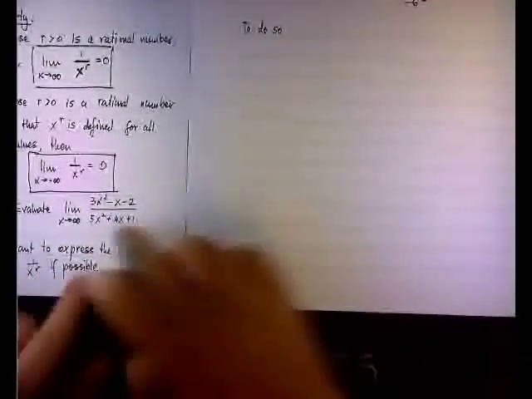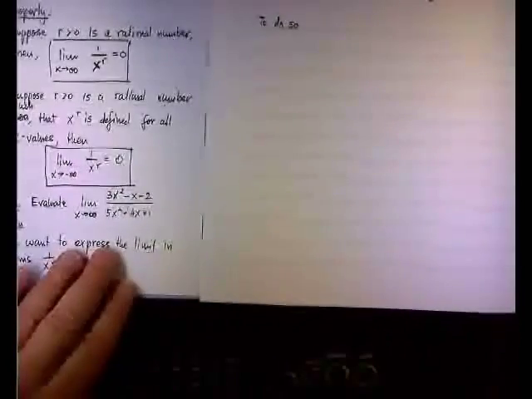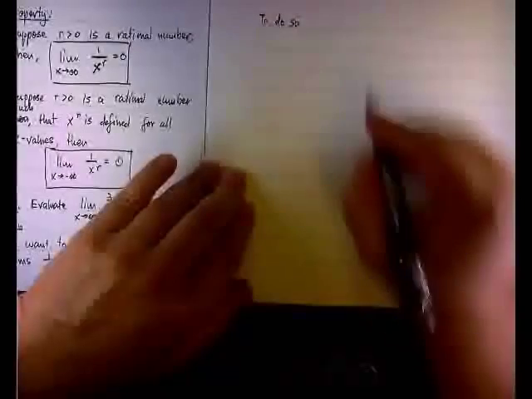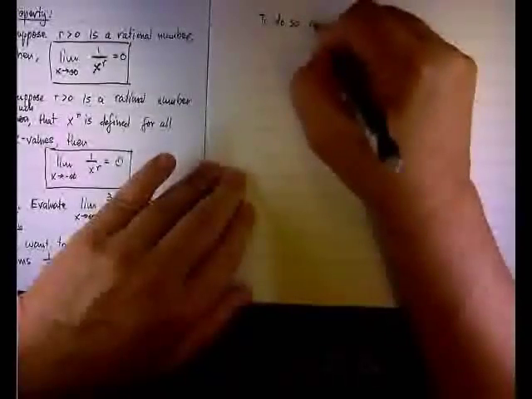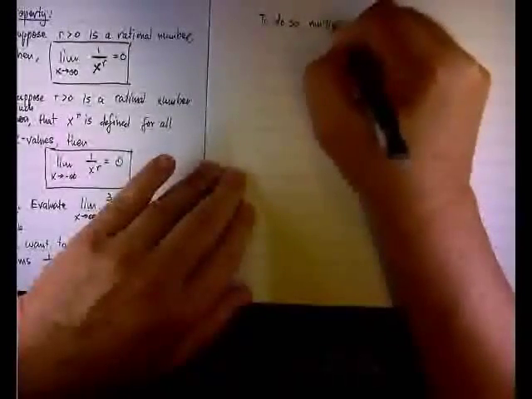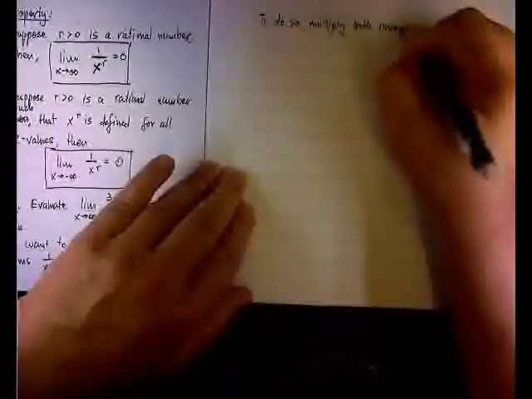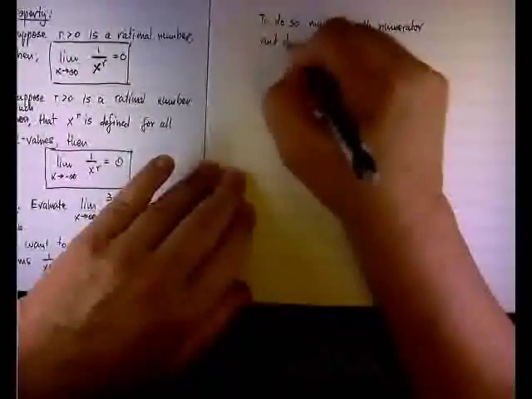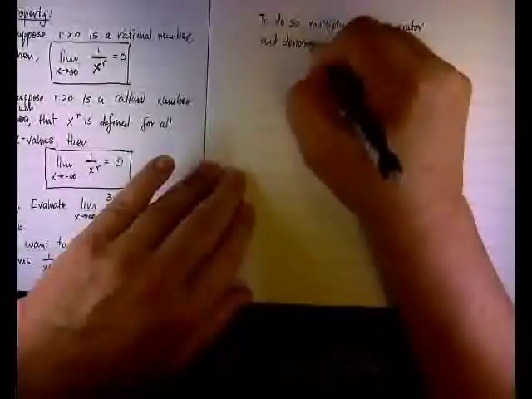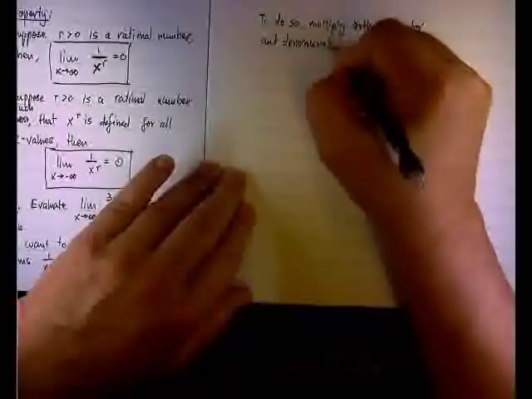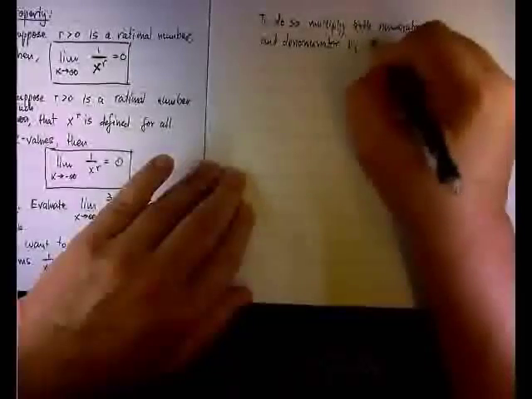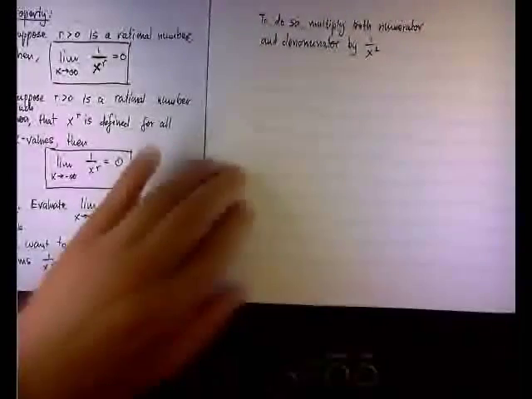In other words, to get an expression containing 1 over x to the power of r, multiply both the numerator and denominator by 1 over x squared. So let's see what happens once we do that.